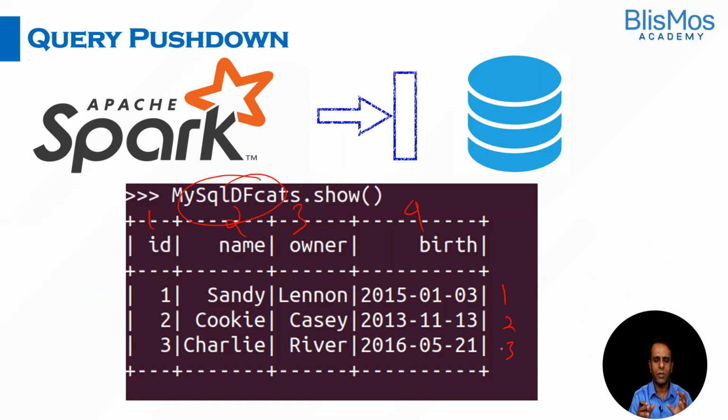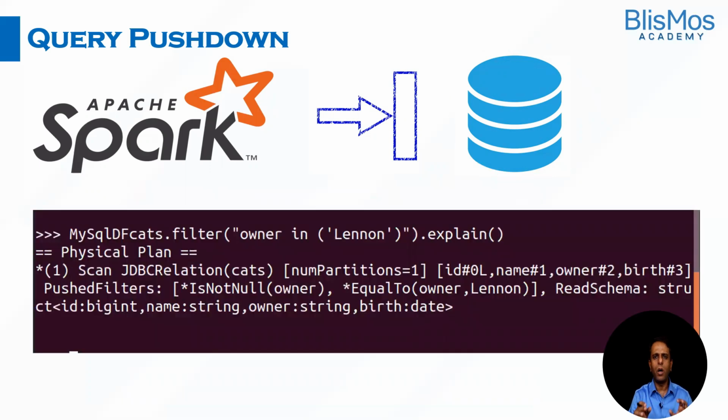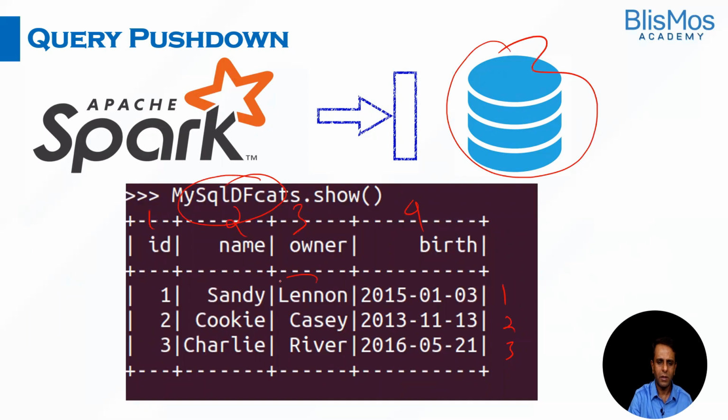Please try to follow this very carefully. We have created a data frame called MySQL cats by reading the data from a database which has 4 columns and 3 rows. As you know, until we call an action, nothing happens. Now, what we want to do is filter with the owner named Lennon.